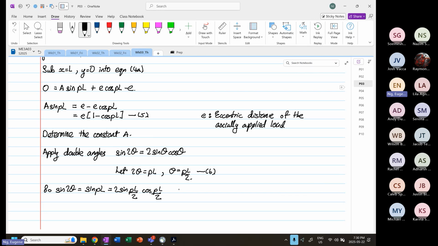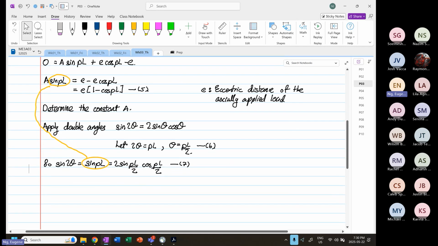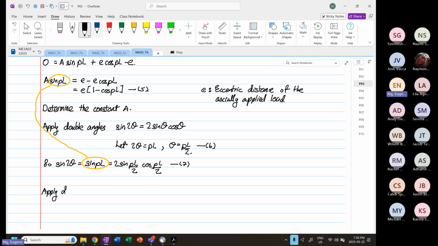And the one we have, this is equation number 7. So why we do this is now we can have a relationship of sin pL over here. And we also can have sin, okay? So this later on, we will equate them, okay? And then the next one, we're again going to apply another double angle.